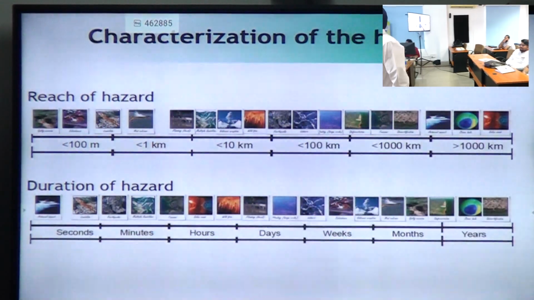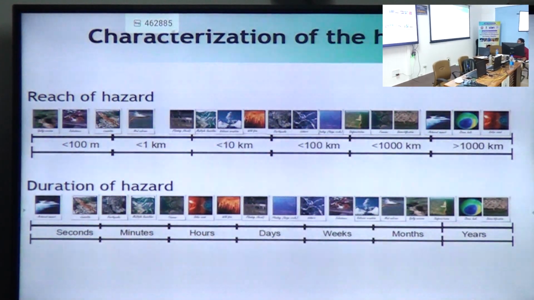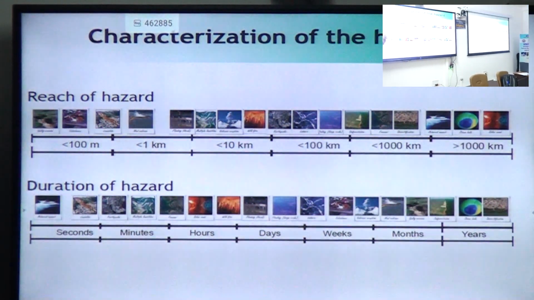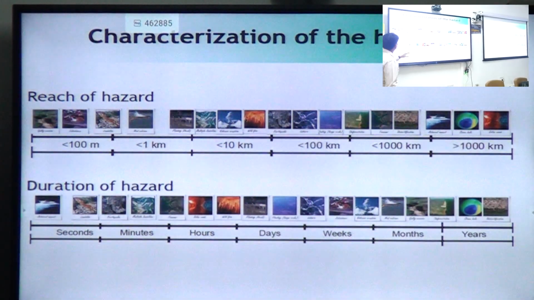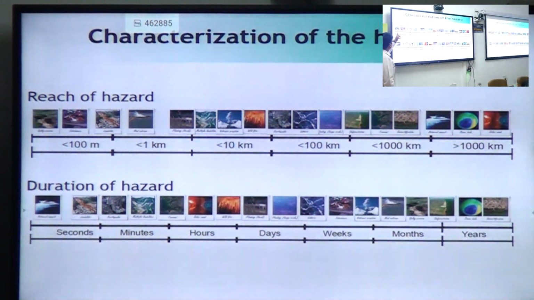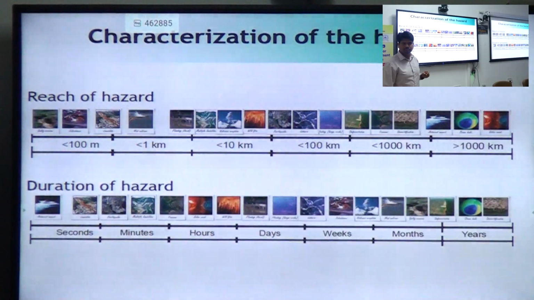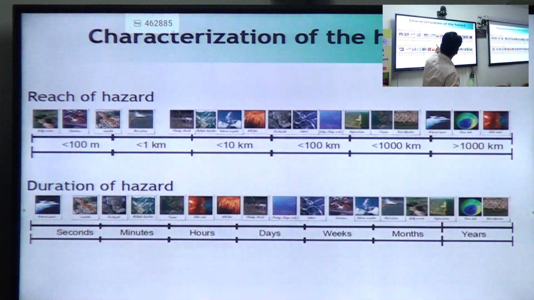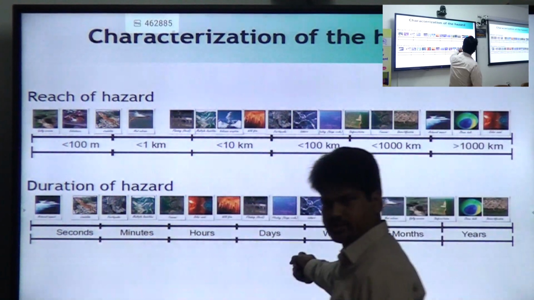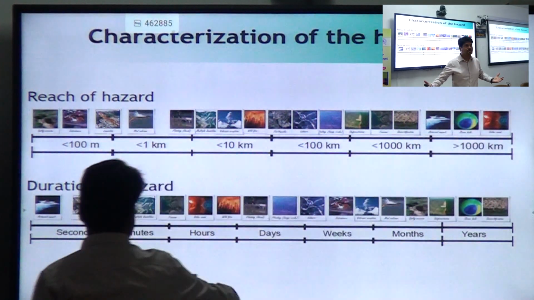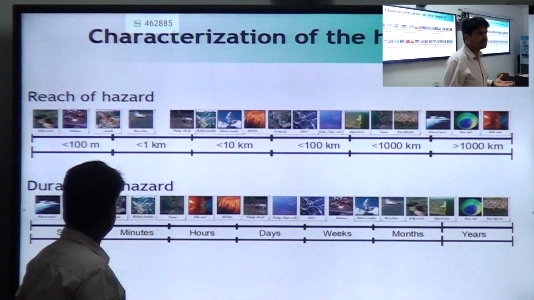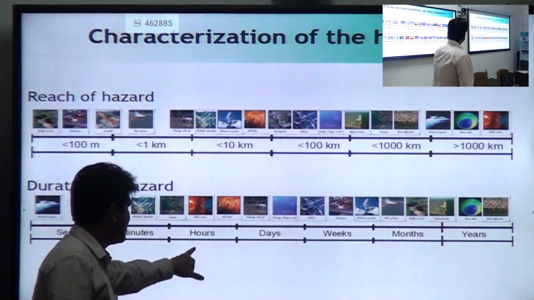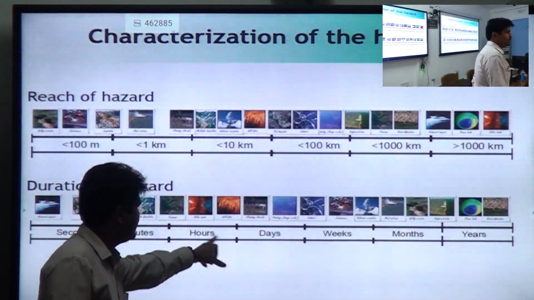Then you have subsidence. Land subsidence is always less than 100 meters. Then gully erosion. So there are so many types of hazard that I have mentioned here. Now there is tsunami, more than 1,000 kilometers. Then you have asteroid impact, the whole earth.